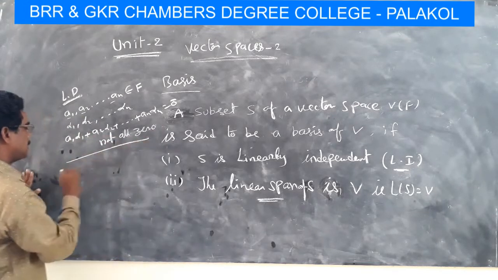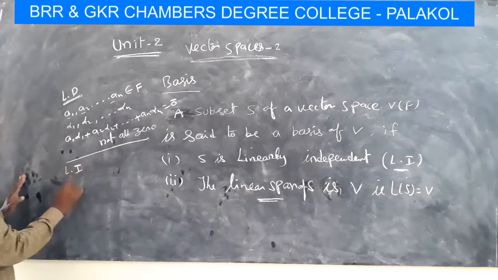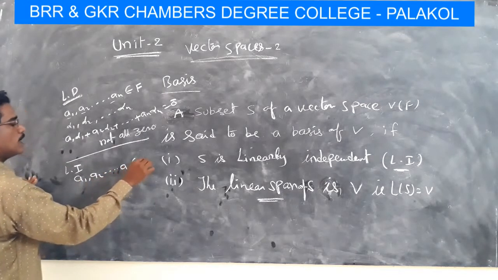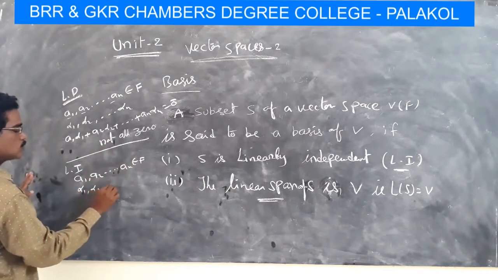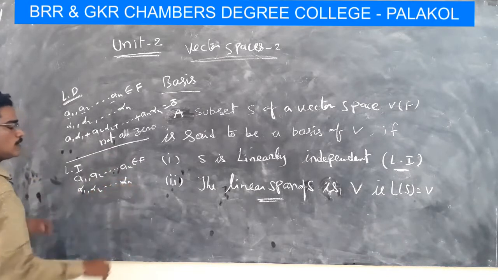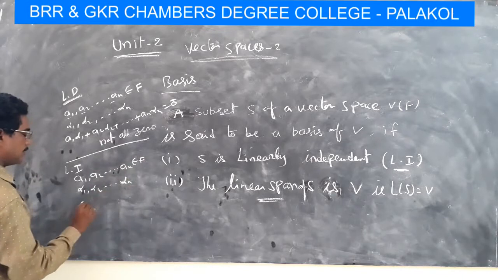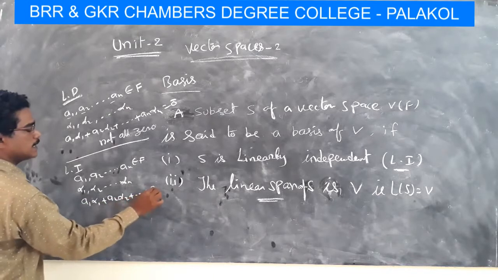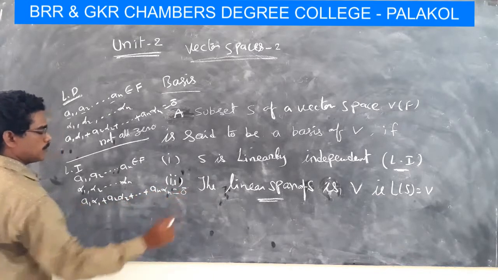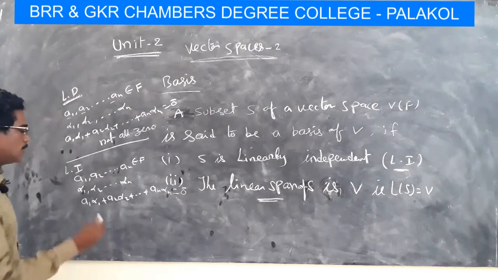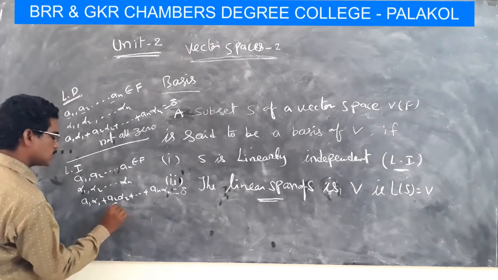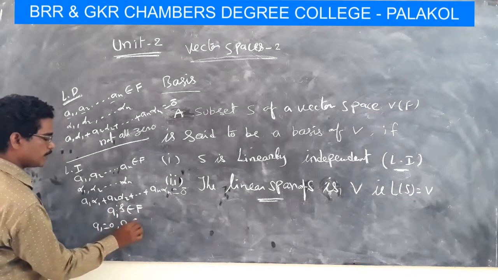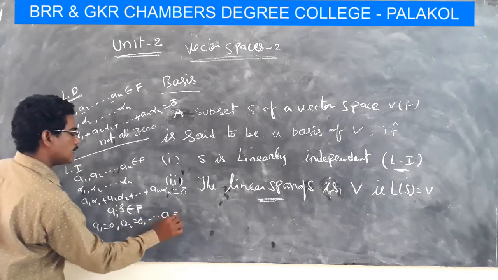And second one is linearly independent. Here the scalars a1, a2, so on an belong to F, and the subset alpha 1, alpha 2, so on alpha n, then the linear combination a1 alpha 1 plus a2 alpha 2 plus so on plus an alpha n equal to 0 bar. Here ai belongs to F, then a1 equal to 0, a2 equal to 0, and so on an equal to 0.